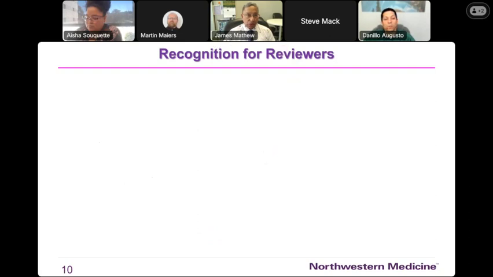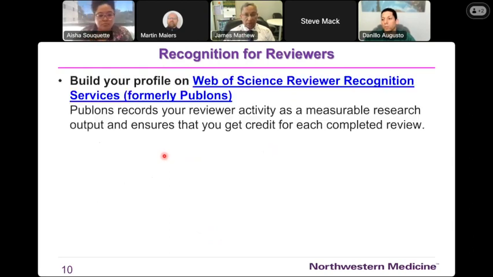Also, you can get recognition. For that, you can build your profile on the Web of Science Reviewer Recognition Service. It used to be called previously Publons. Publons records your reviewer activity as a measurable research output, and ensures that you get credit for each completed review.